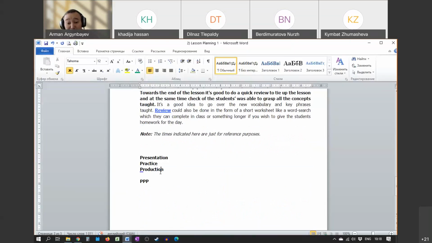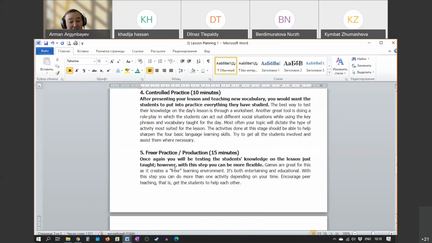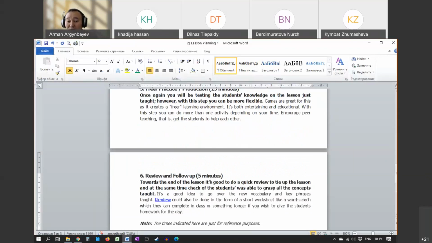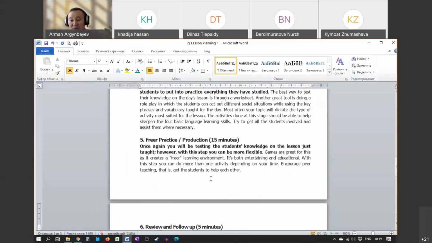So in practice, we have guided practice and less guided practice. Production means free practice, when students produce something totally new of their own. All right?